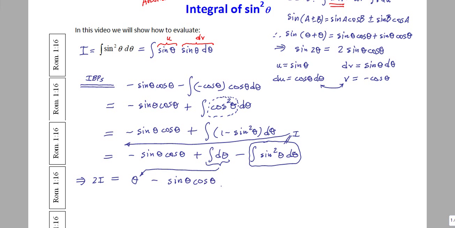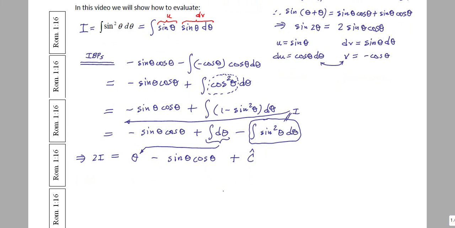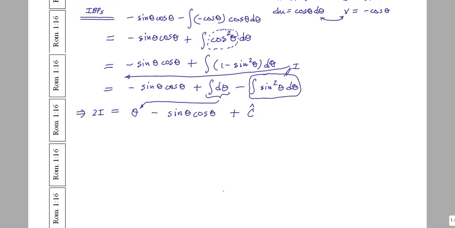And then we're going to also pick up a constant of integration, which we called c hat. Okay. And then if I divide both sides by 2, I find that I, which is what I was after, is 1/2 theta minus 1/2 of sine of theta cos of theta plus 1/2 of c hat, we'll just call c.